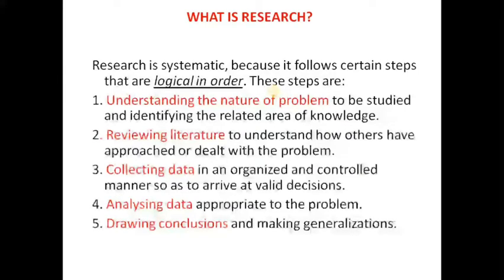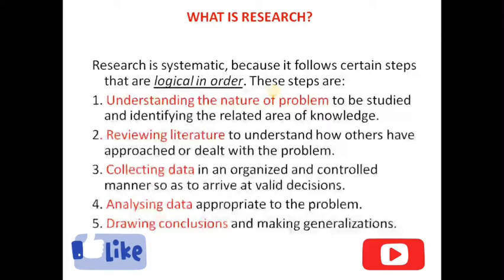Third one is collecting data in an organized and controlled manner so as to arrive at a valid decision. Fourth one is analyzing the data using appropriate statistical techniques for the problem you have chosen. And finally, draw a conclusion and make the conclusion for generalization.